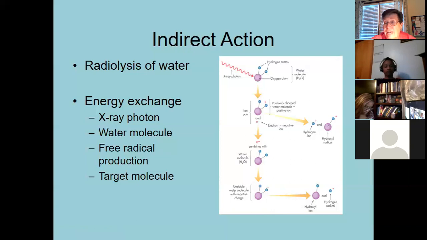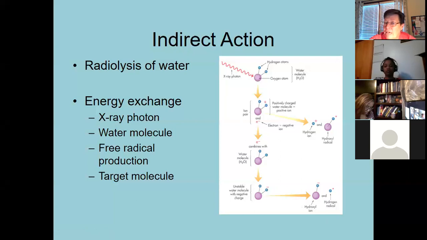Again, water ions are not stable. We've already talked about how the positive one broke up. Well, the negative one will also break apart. It will break apart into a hydroxyl ion, a negatively charged hydroxyl ion, and then a hydrogen free radical.